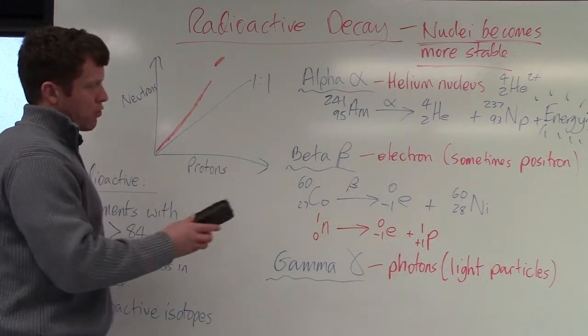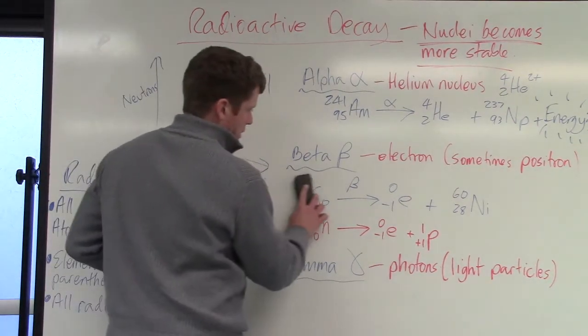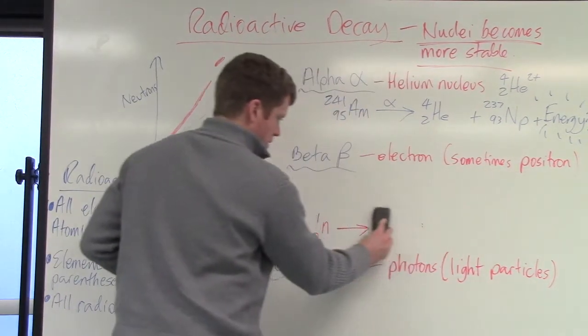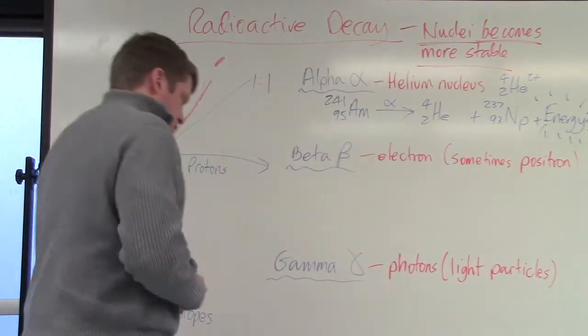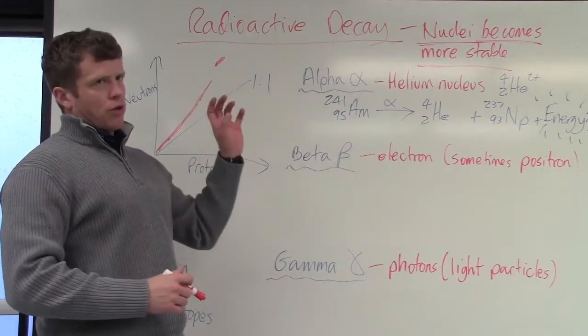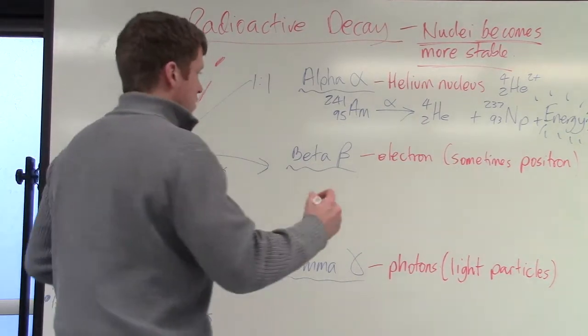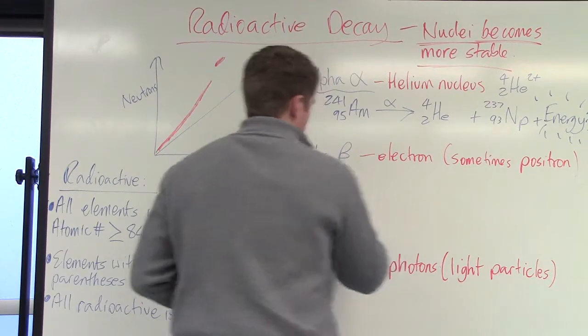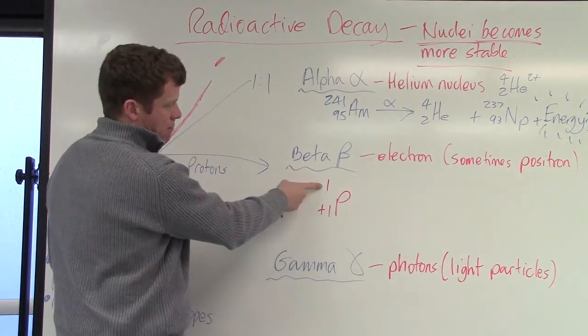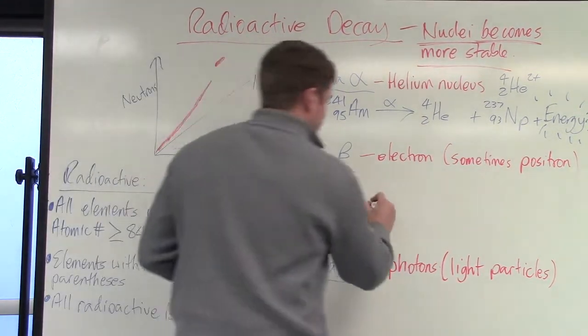So let's look at positron emission, because it's slightly different. In the previous example, we had a neutron changing into an electron and a proton. This time we take a proton, which we represent P for proton, obviously, mass of 1 and a charge of +1.